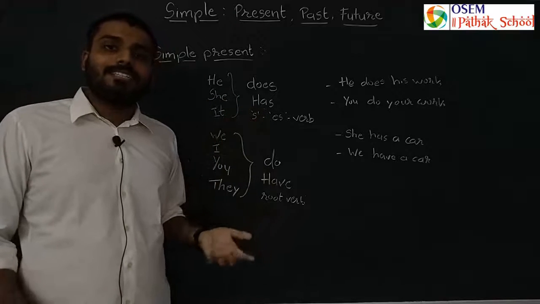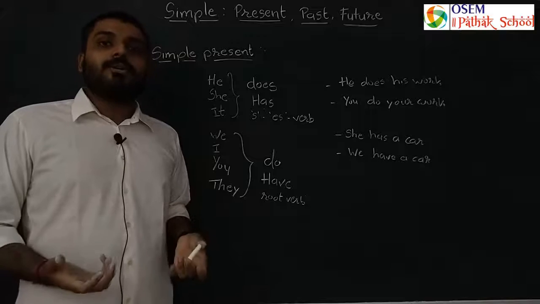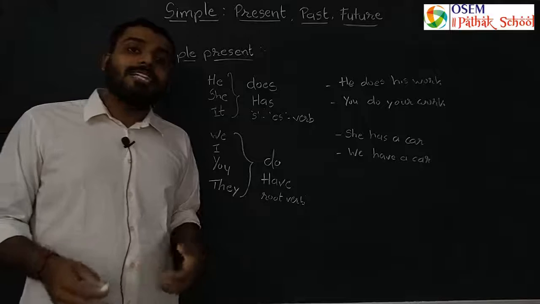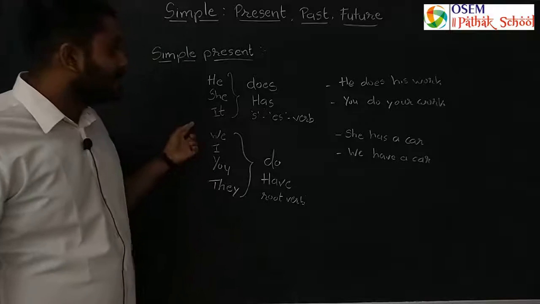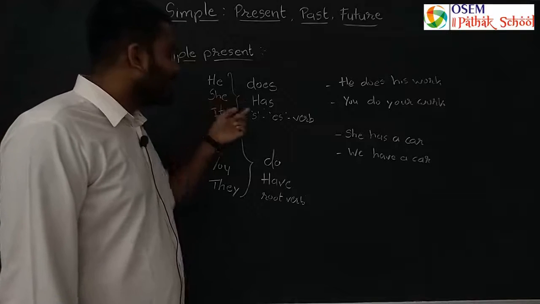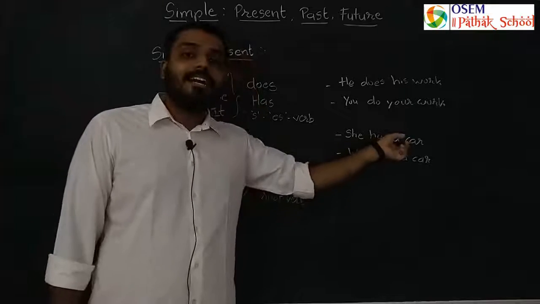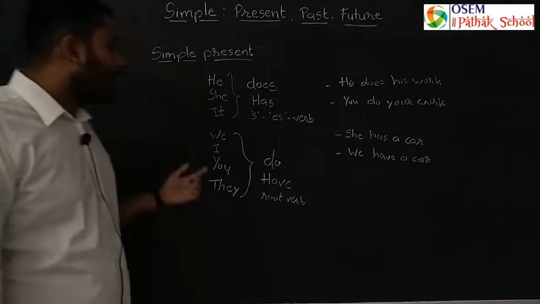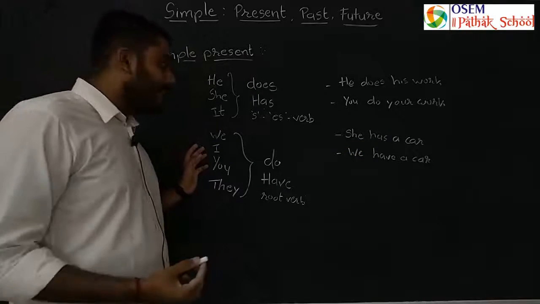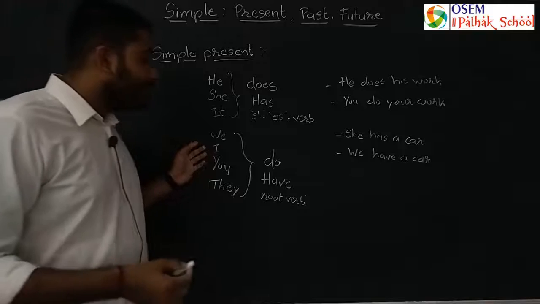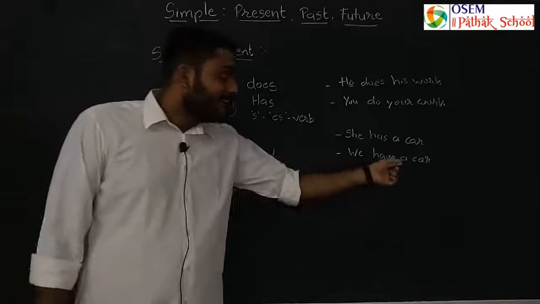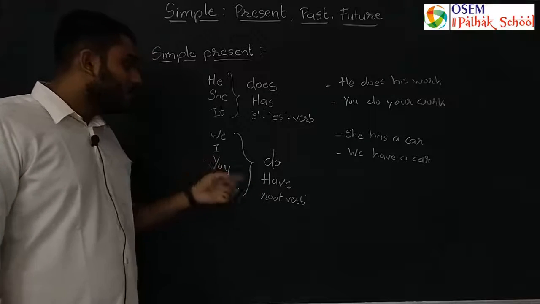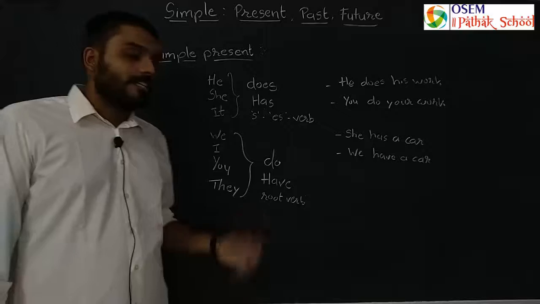The meaning of has is कि हमारे पास अगर कुछ है और हम बोलना चाहते हैं कि मेरे पास ये है, अगर उसके पास ये है, right? So we use has for this. She has a car. उस लड़की के पास कार है. Now with I, we, you and they in simple present tense, we will use have. We have a car. Likewise, we have, I have, you have and they have.